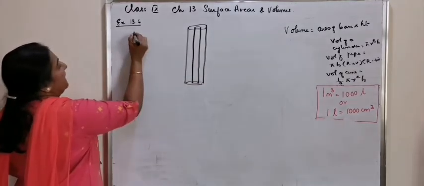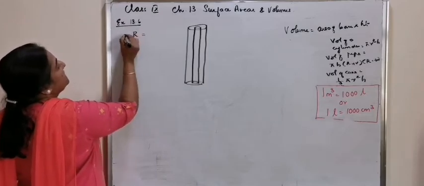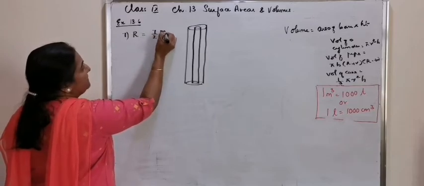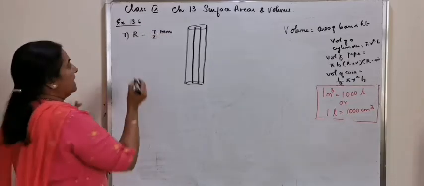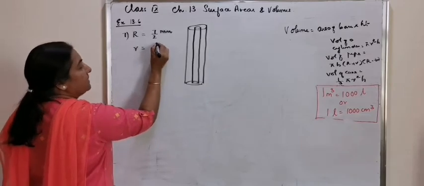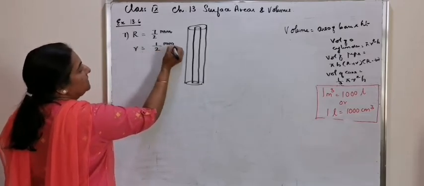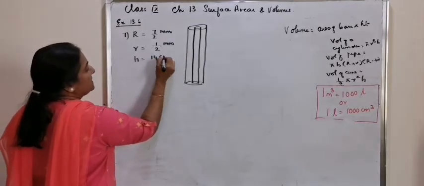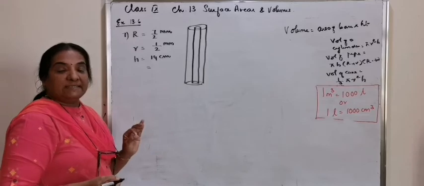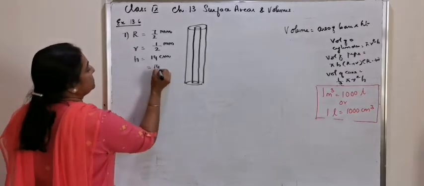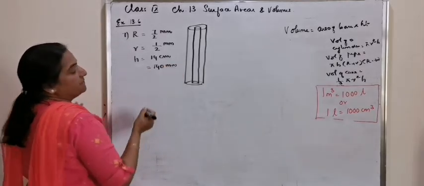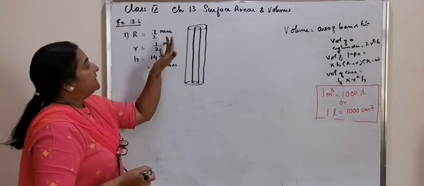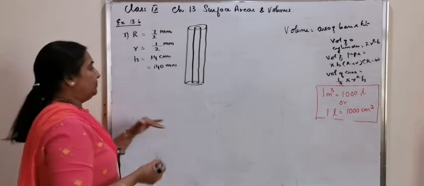That means the capital R, the diameter is given as 7 millimeter, or radius is equal to 7 by 2 millimeter, and the diameter of the graphite is 1 millimeter, which is equal to 1 by 2 millimeter. Height of the pencil is given as 14 centimeter and 1 centimeter is 10 millimeter, so it is 140 millimeter. Let's work out with this and then later on convert into centimeter after getting the volume.